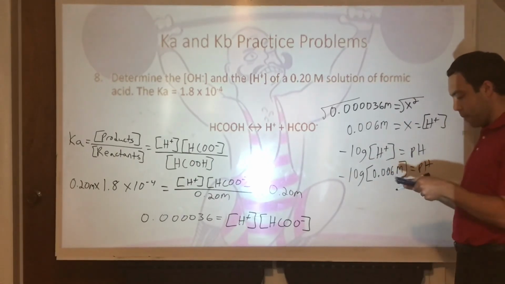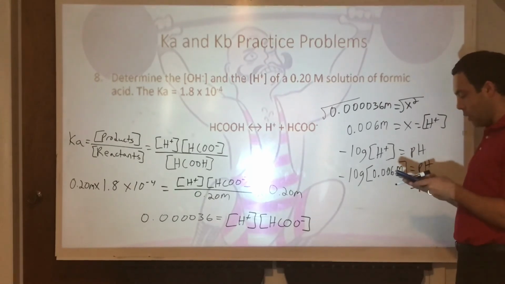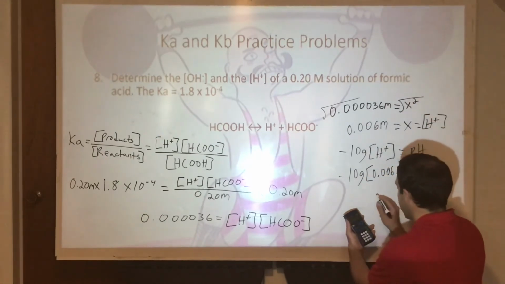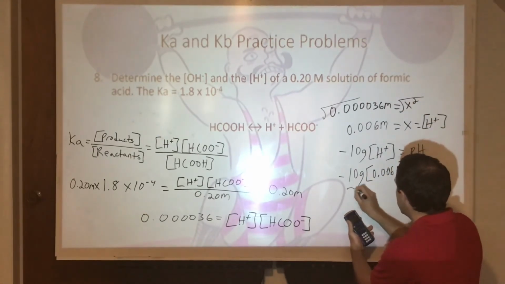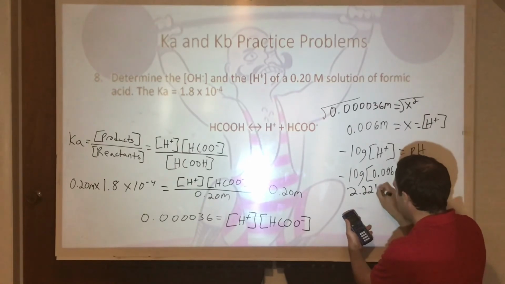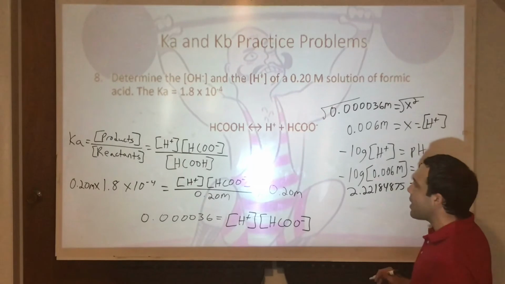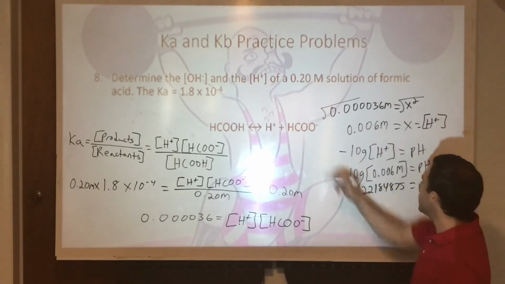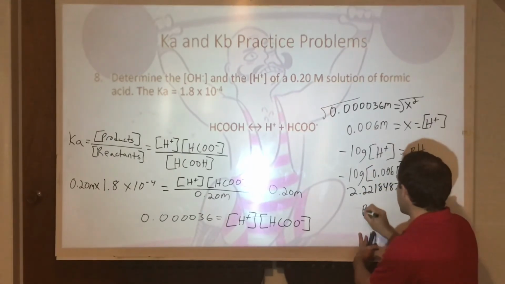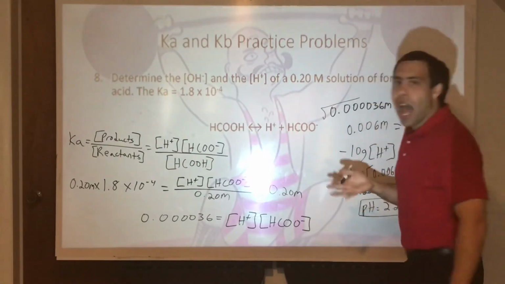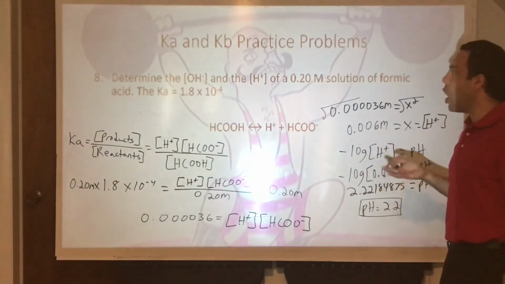Negative log 0.006. Our pH will equal 2.2218485. Let's round that to significant figures. Our original numbers have two significant figures, so our pH is equal to 2.2. Now we must find the pOH.